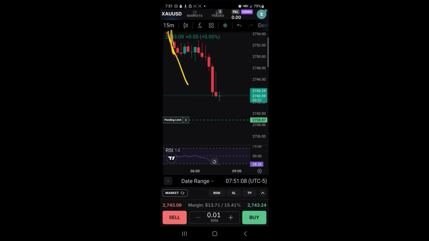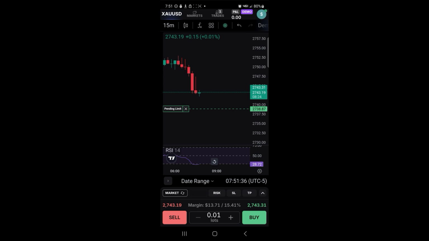The 15-minute timeline confirms it. But here is the interesting thing about the 15-minute. It is already down at the bottom of the RSI. So on the 15-minute chart, it is possible that this is the lowest possible point.